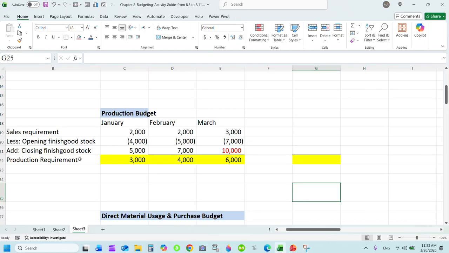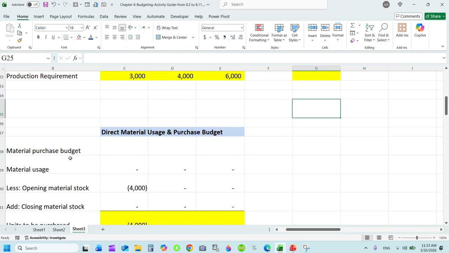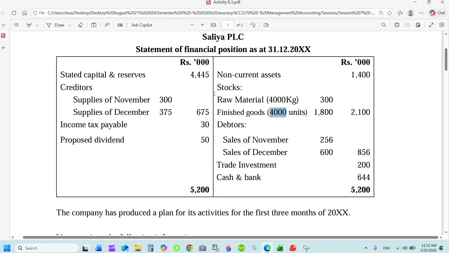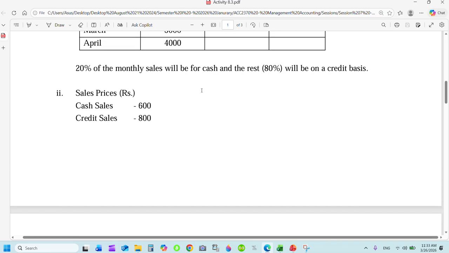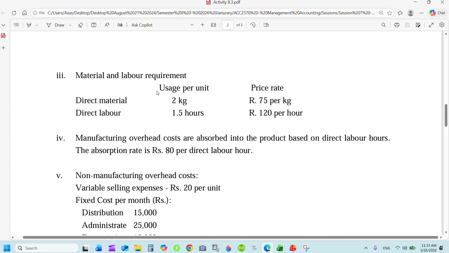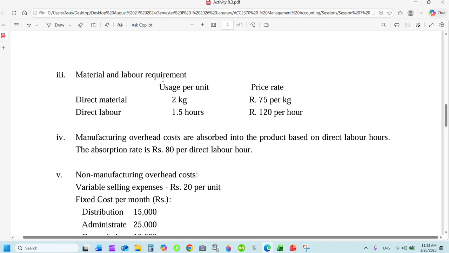Okay, this is the production requirement. And the material usage budget is very simple and straightforward, right? Material usage budget. Look at your activity information. You can see material and labor requirement. Direct material requirement is what?